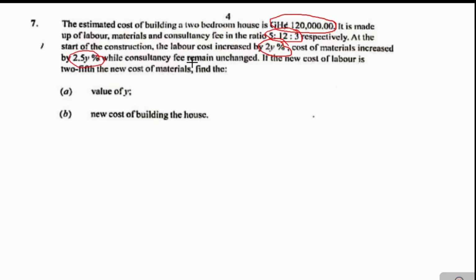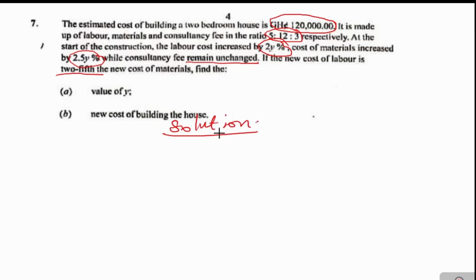Then the consultancy fee remained unchanged. So these are all important information for us to help us solve our question. Let's not forget this part of the question which says that the new cost of labor is to fit the new cost of material. Now let's go to the first part of the question, which is the A.